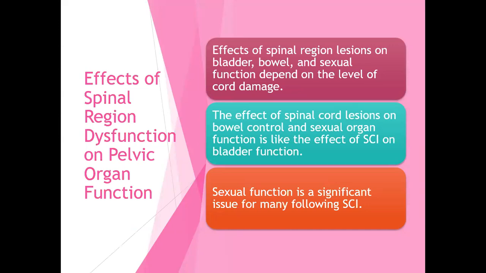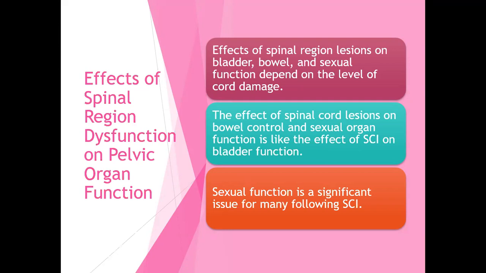Spinal region dysfunction affects pelvic organ function and sexual function, or it can, depending on the level of the cord damage. And we'll talk a little bit more about that in the next section. The effects of spinal cord lesions on bowel control and sexual organ function are similar to the effect of spinal cord injury on bladder function, which we'll talk about in the next section.